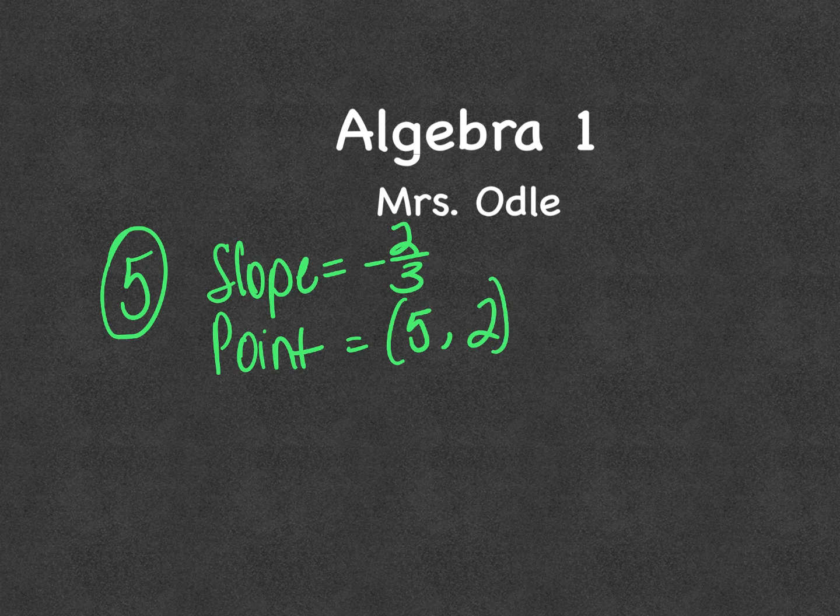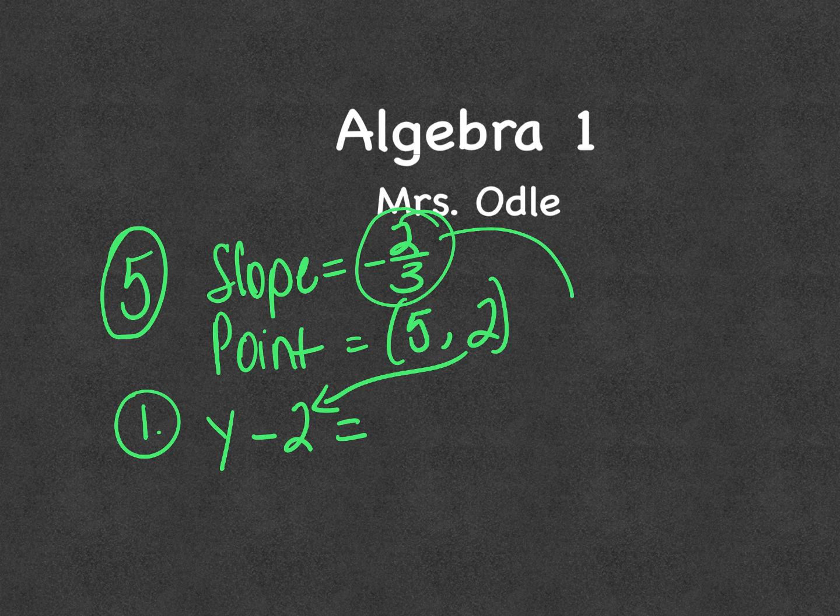Okay, so remember, the first thing we're going to do is rewrite it into the point slope form. Okay, so y minus y1, which would be 2, equals slope -2/3 times x minus x1. Here your x1 is 5.